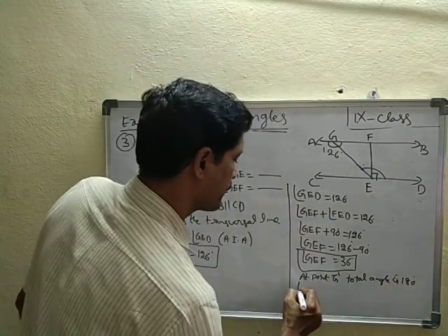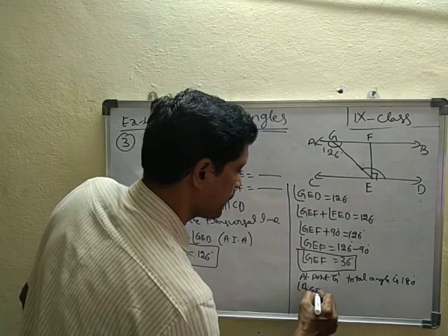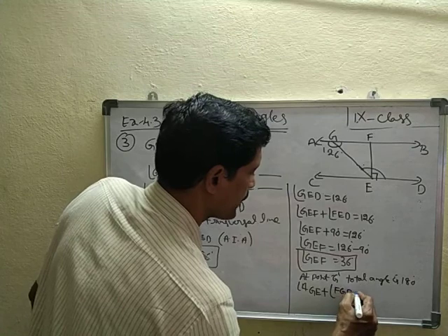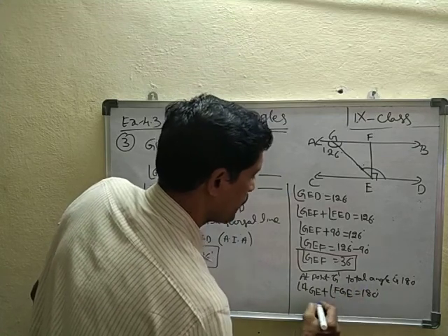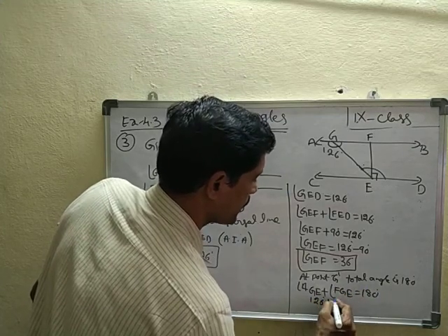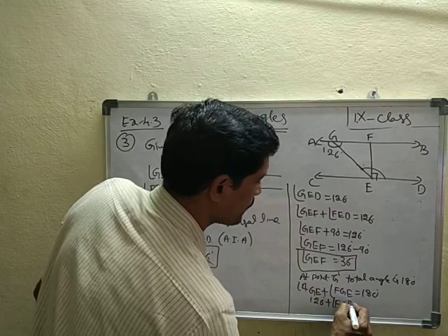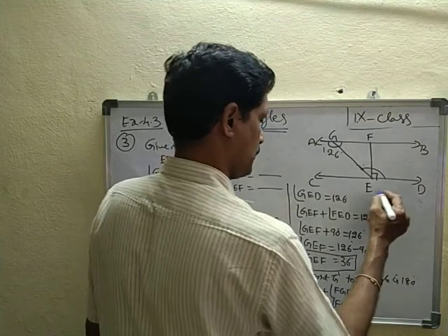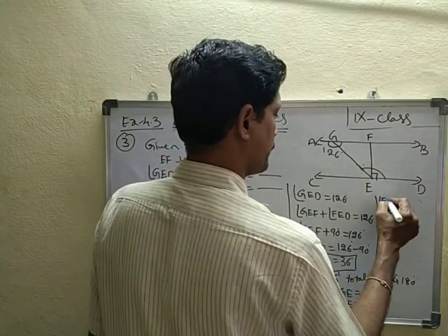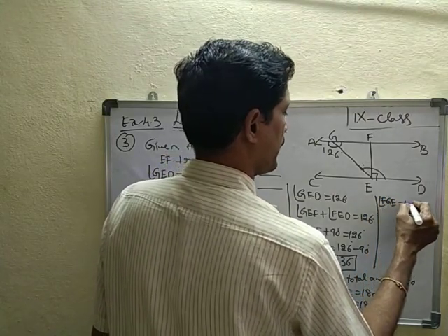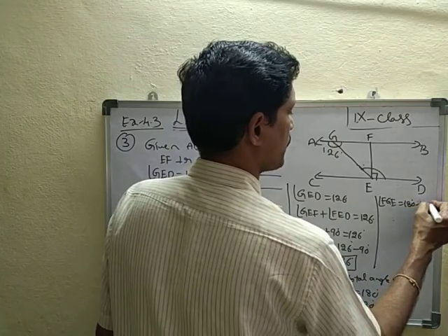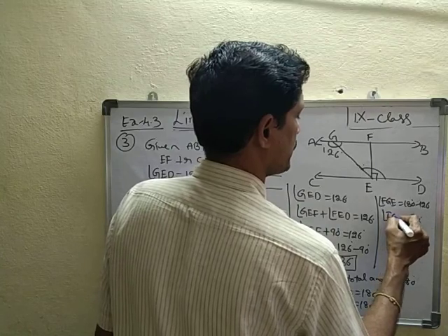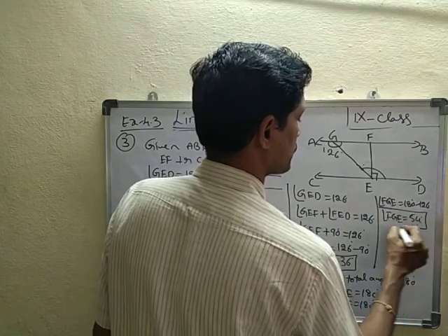Therefore, angle AGE plus angle FGE equal to 180, 126 plus angle FGE equal to 180, angle FGE equal to 180 minus 126, that is 54 degrees. Angle FGE equal to 54 degrees.